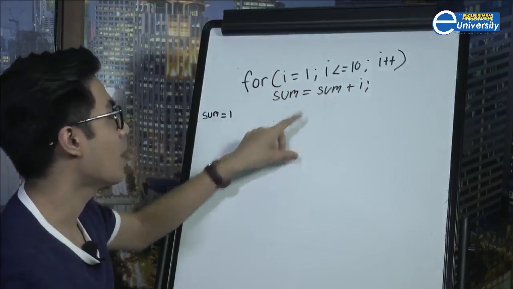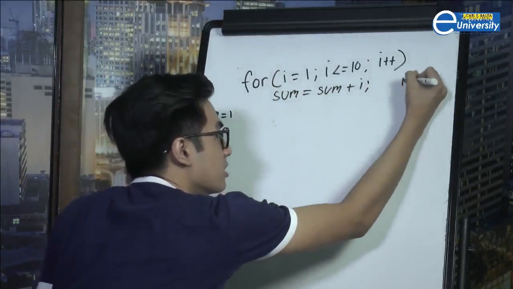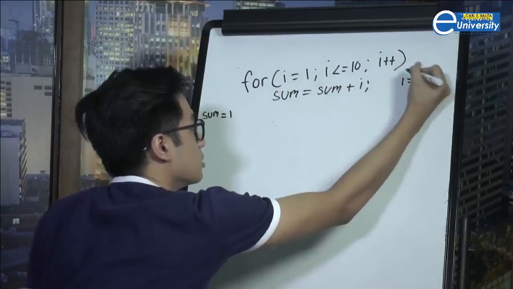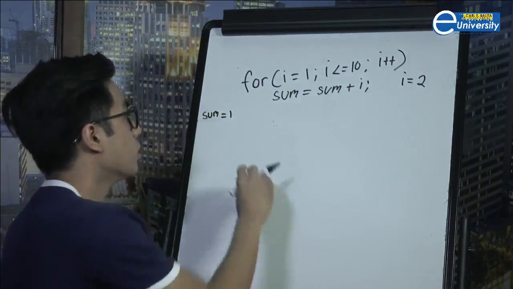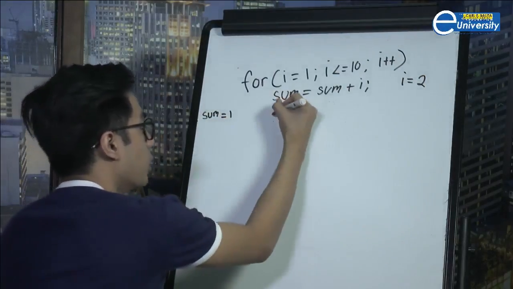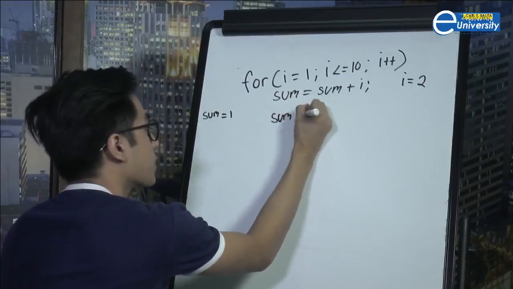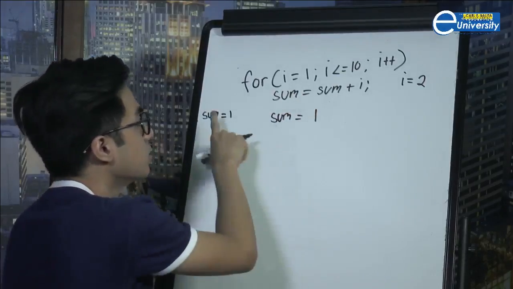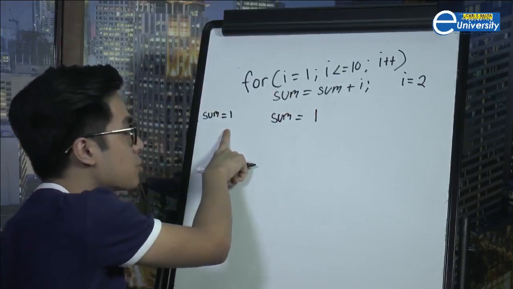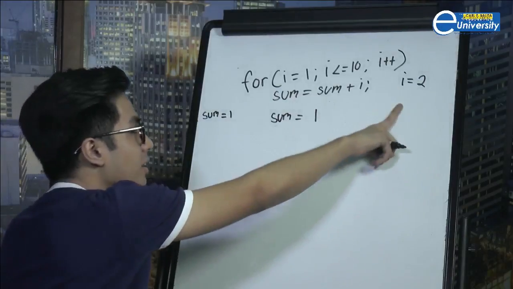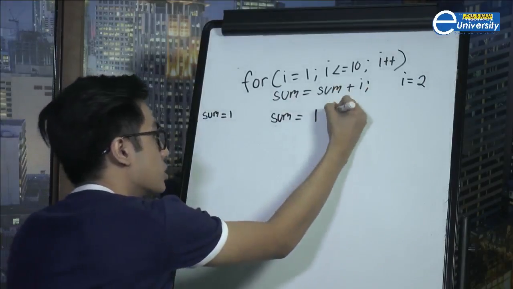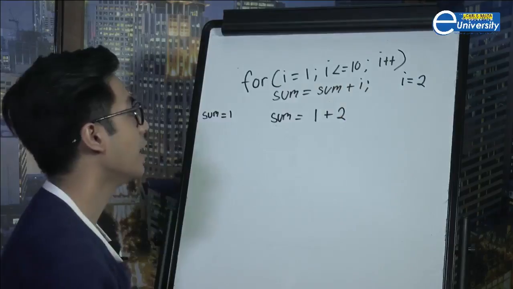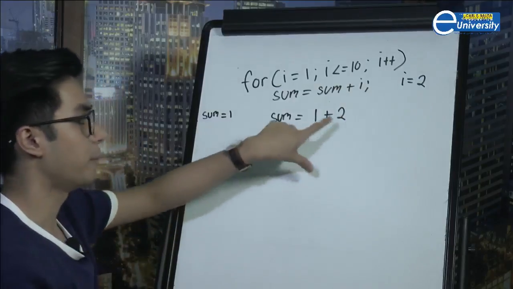So now I is equal not to 1, but equal to 2. So we have the sum, which is the value of 1. So sum equals 1, which is the value we got earlier, plus the next value of I, which is 2. So sum equals 1 plus 2.